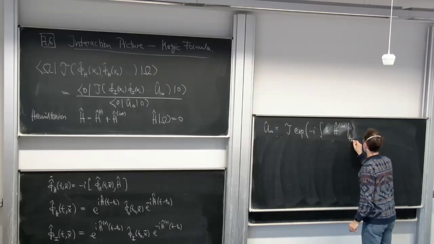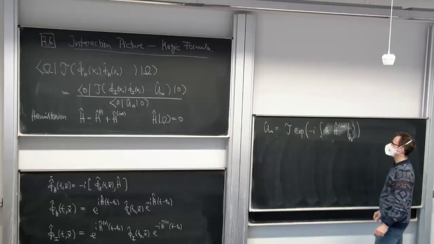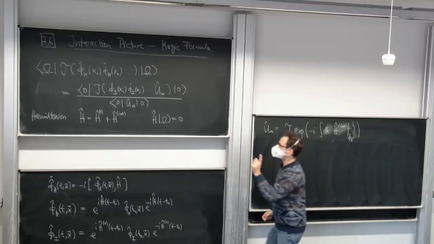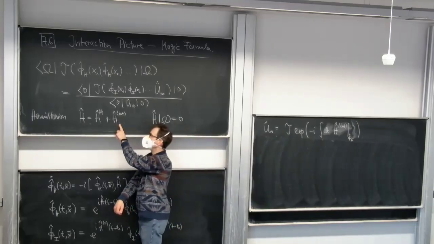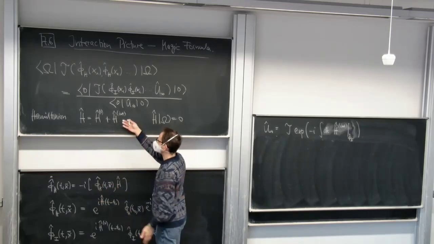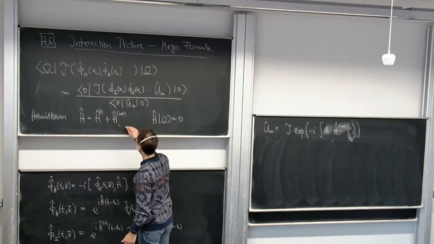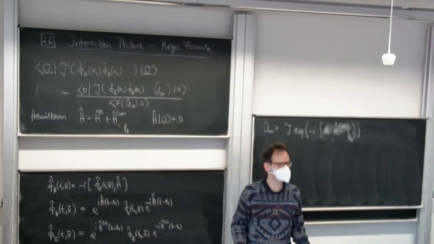And then here I'm going to mark an index I. This is written in terms of the interaction fields. So you're taking whatever you have as an interaction Hamiltonian, given to us by the procedure or by the theory, written in terms of the full Heisenberg fields.